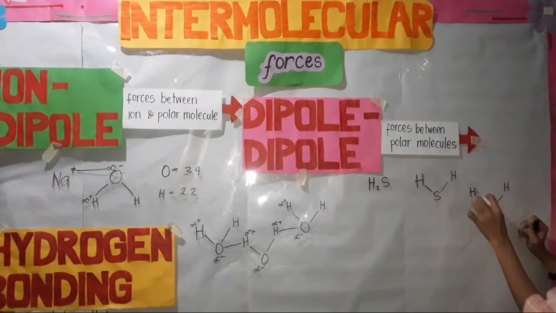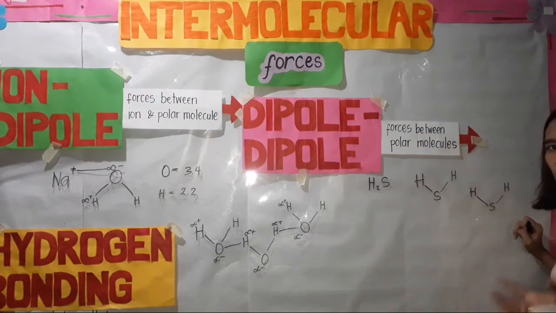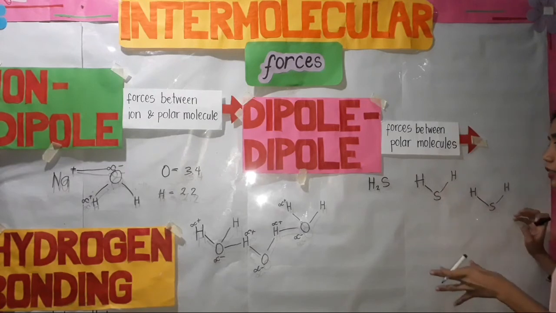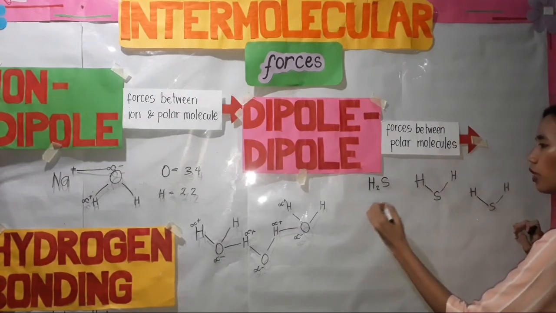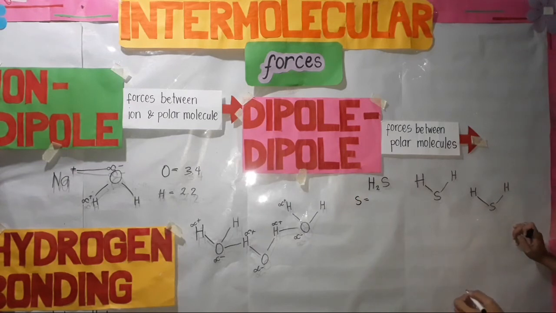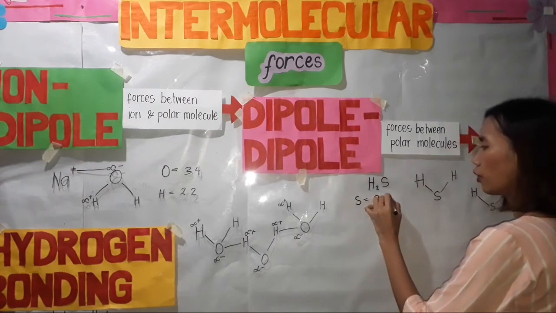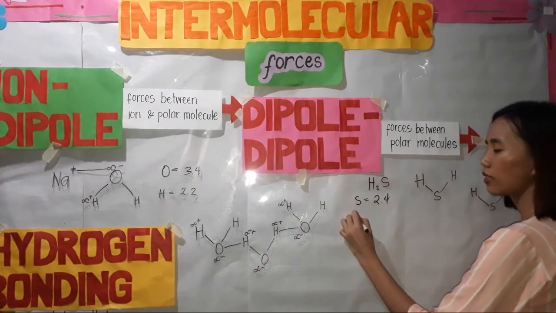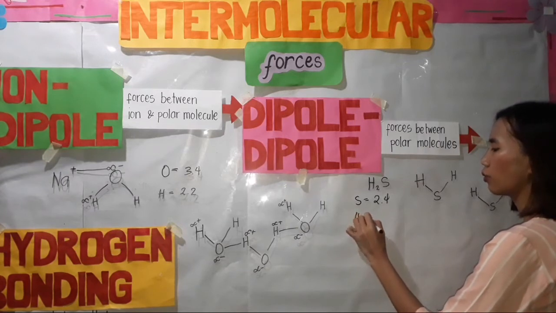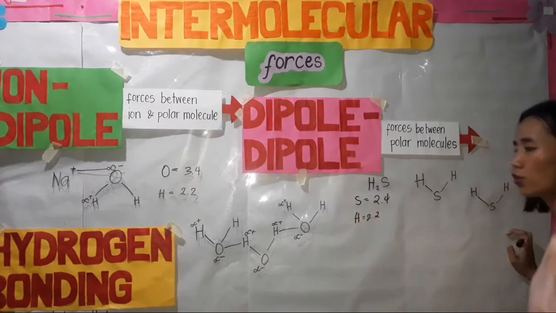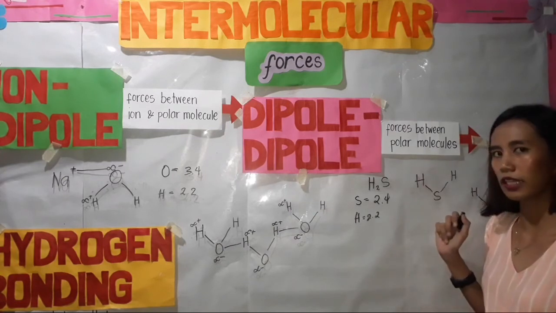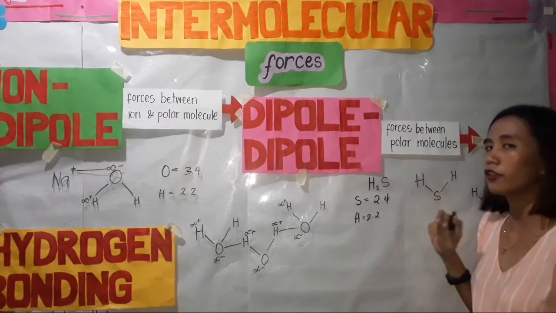So again we need to know the electronegativity of each element in the molecules. So what is the electronegativity of sulfur? It's 2.4. And what is the electronegativity of hydrogen, class? It's 2.2. So what element has the higher electronegativity? So the sulfur, right?